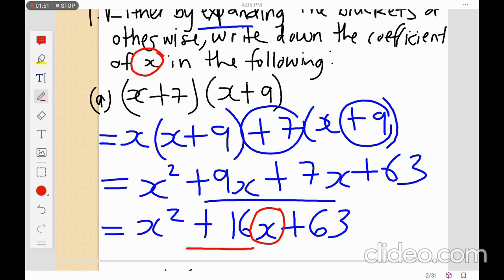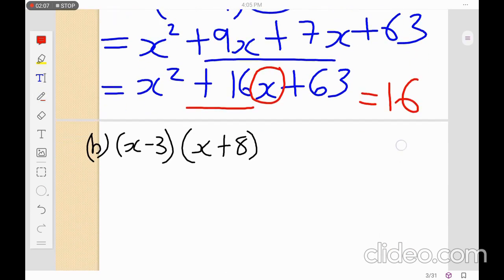So here I've got plus 16, so I can say the coefficient of x is equal to 16. If you say plus 16, it is one and the same thing. So that's our coefficient there. Let's move on to the next question.